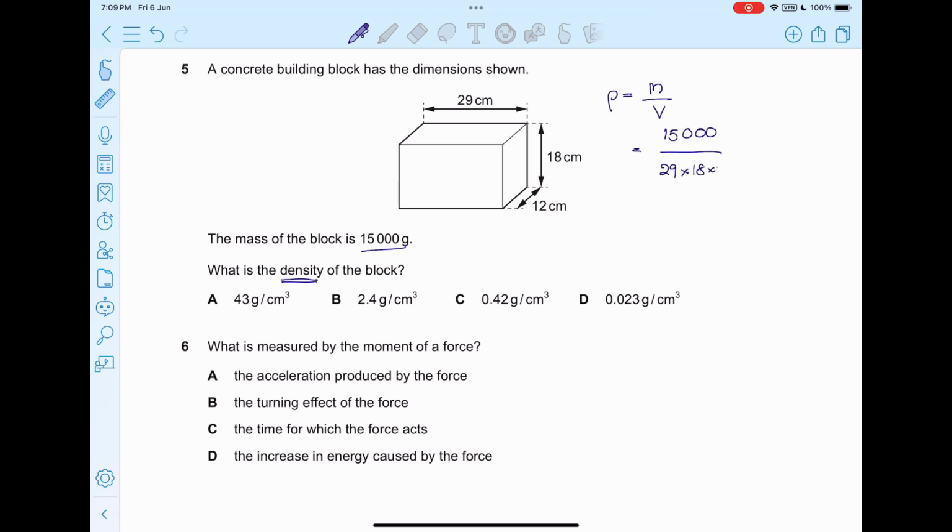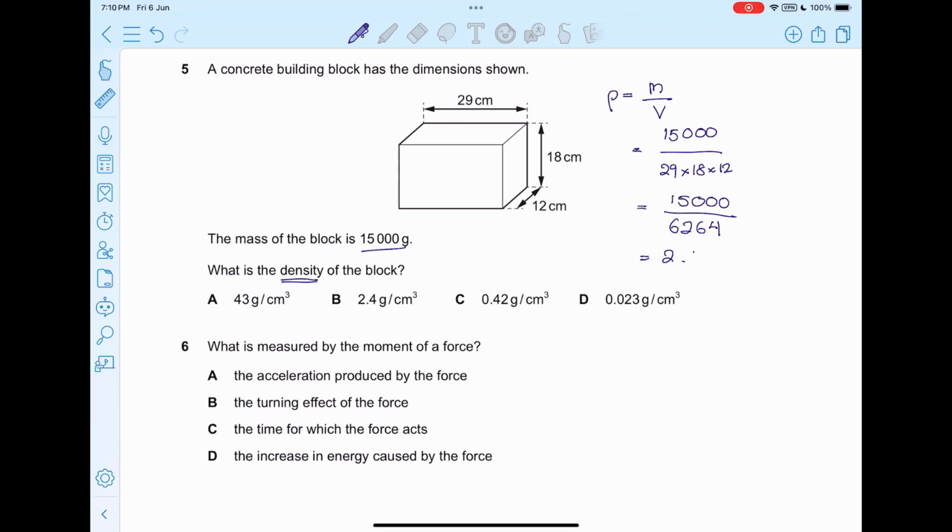Put that into the calculator. You should get 2.4.